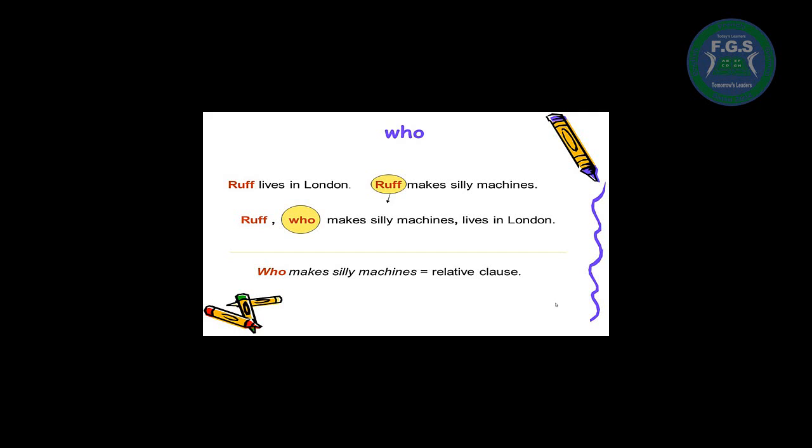Ralph makes sewing machines. Ralph is repeated in the two sentences. So instead of repetition, I will make one sentence using the pronoun who. I'll say: Ralph, who makes sewing machines, lives in London. This is one sentence. I used who, the relative pronoun. So, who makes sewing machines is the relative clause.